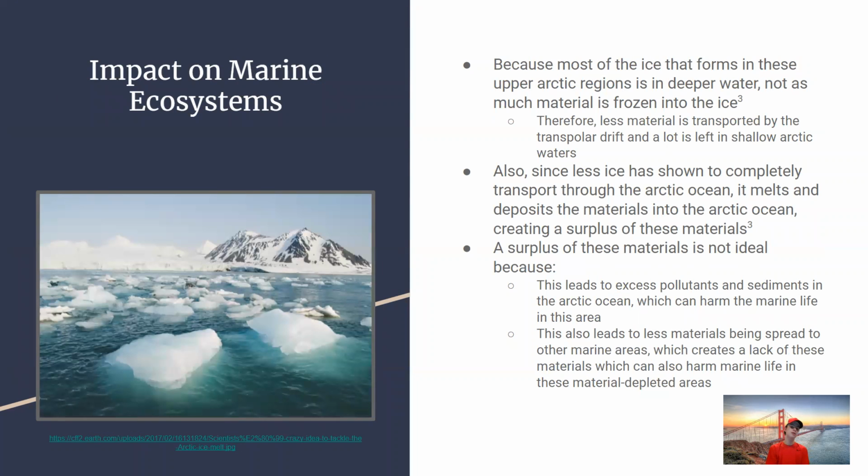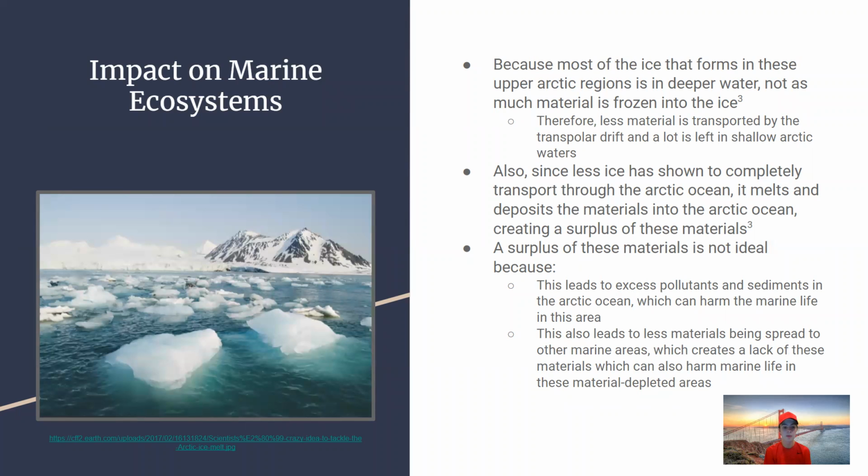So the impact that this has on marine ecosystems is that when you have a buildup of things that other places need in one area, those other places are going to be hurt because the organisms in those places need those nutrients and sediments and materials to survive.